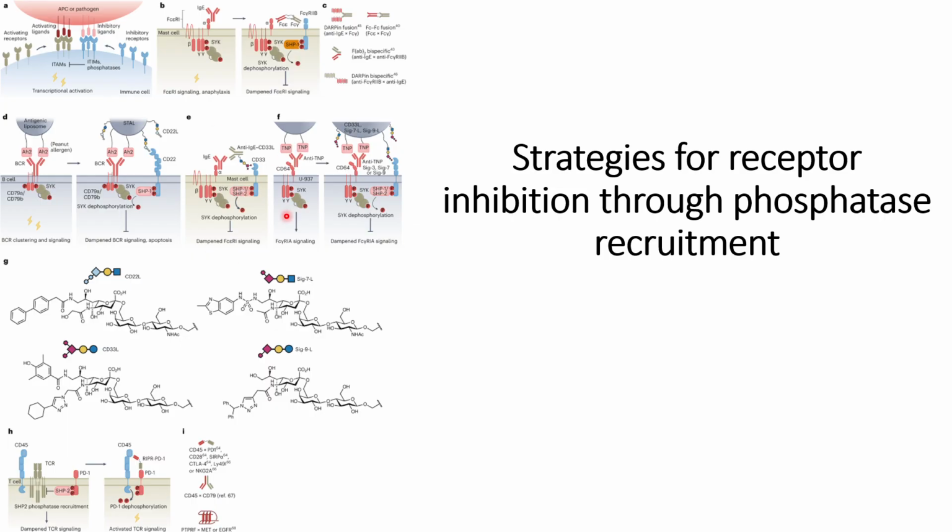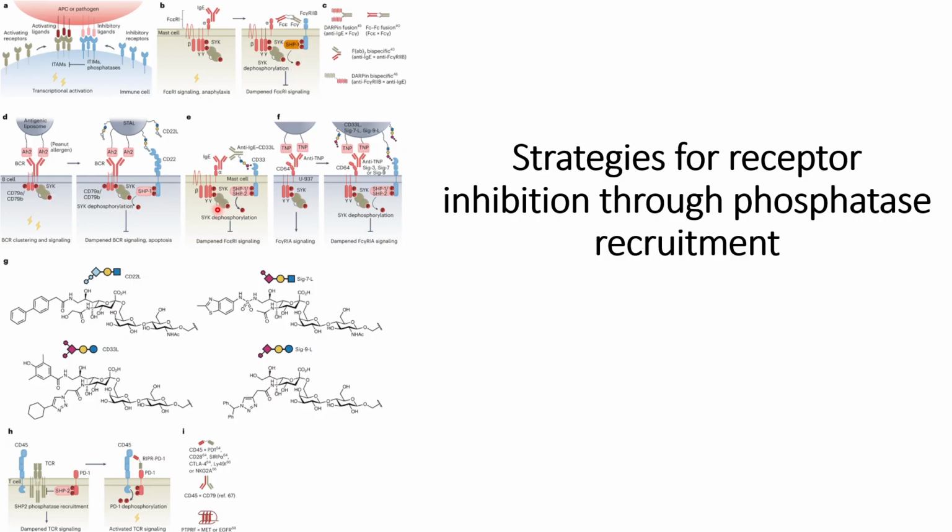Here another example is shown, where IgE causes downstream phosphorylation activation in SYK, but when another antibody that has the CD33 ligand interacts with the CD33 receptors, that will cause the phosphorylation of SHP1 or SHP2.